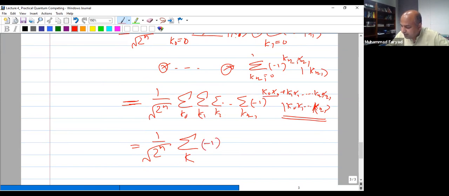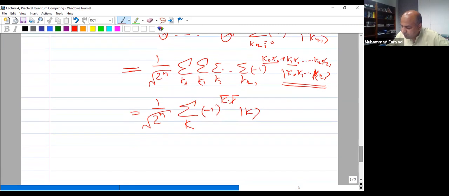And this k naught x naught plus k1 x1 and so on, I can write like k dot x, that this is a dot product between k vector and x vector, where k is k naught, k1 and x is x naught, x1 and so on. And this k, I can just write it like this. Some people wouldn't actually even write this vector symbol over it, so this would just be written like this. So I'm introducing this notation because when you see the quantum computing literature, that's how you will see it.